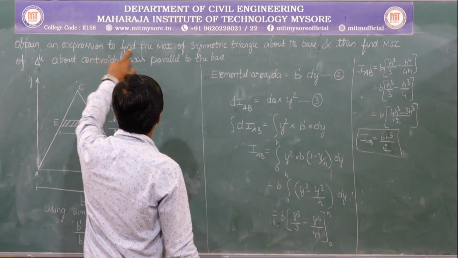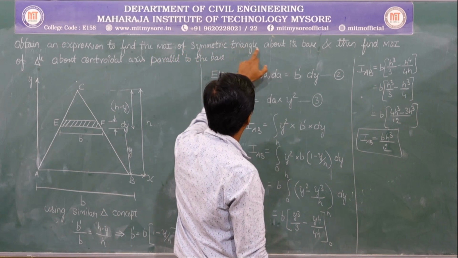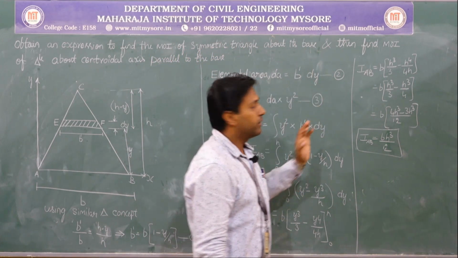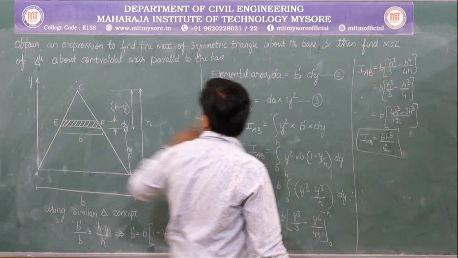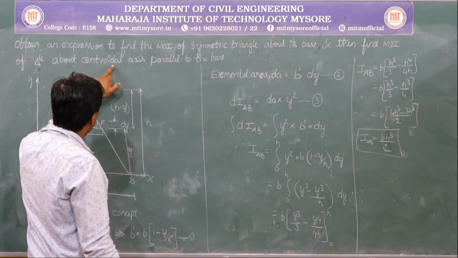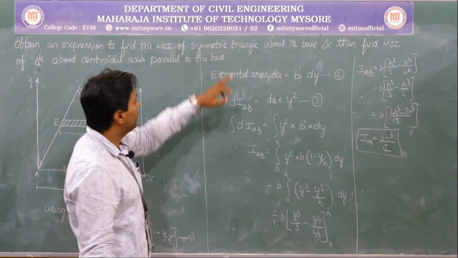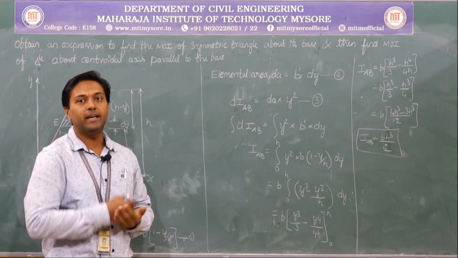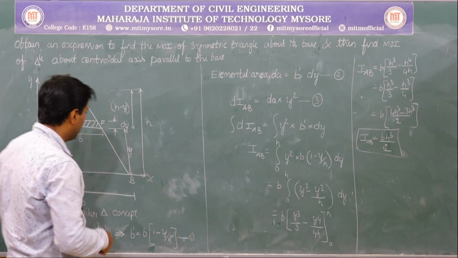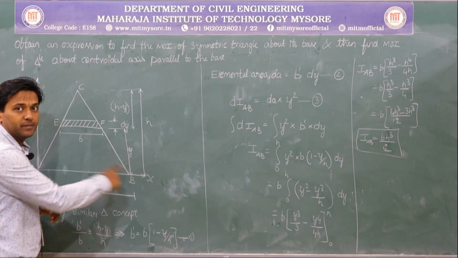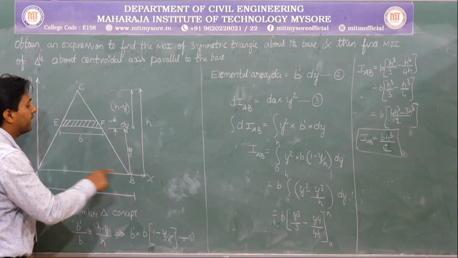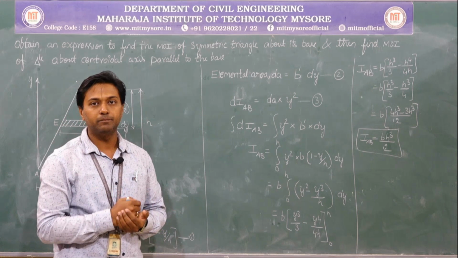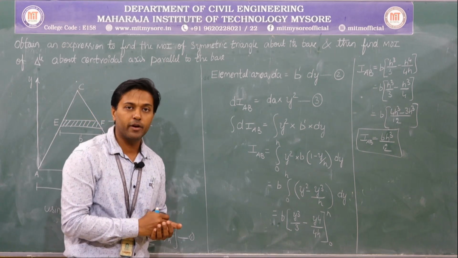Obtain an expression to find the moment of inertia of a symmetric triangle about its base. I have completed it. So next, find the moment of inertia of a triangle about the centroidal axis parallel to the base. Observe here, AB is the base. For a symmetric triangle, just remember the centroid part.